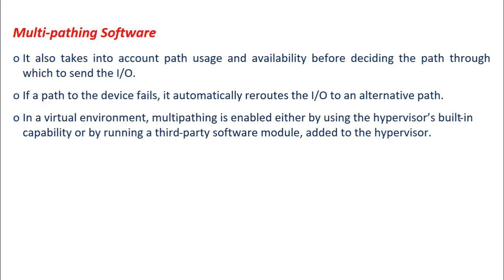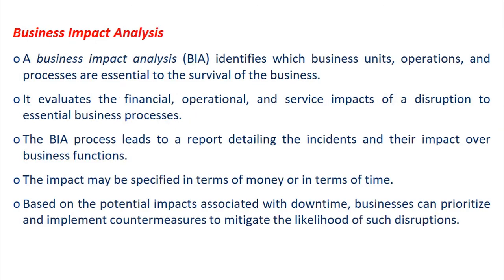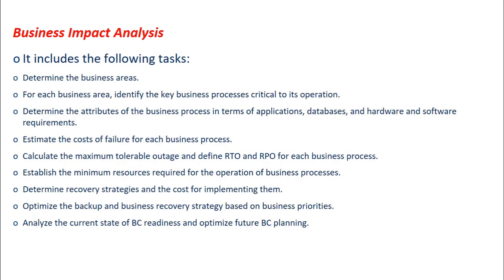It also takes into account the path usage and availability before deciding the path through which to send the input output. Then we discussed business impact analysis. It identifies which business units, operations and processes are essential to the survival of a business. These are the things that are included as part of business impact analysis.